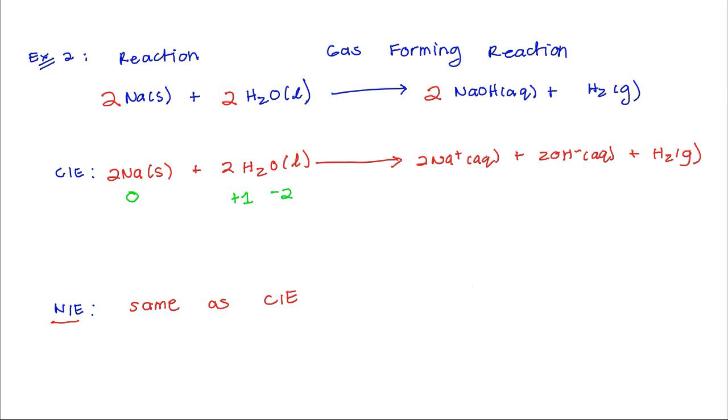Sodium now has a +1 charge, and we have hydrogen here. It's in its elemental form, so it now has a 0 oxidation state. We have hydrogen here is +1, but we're only looking at this H2 gas.